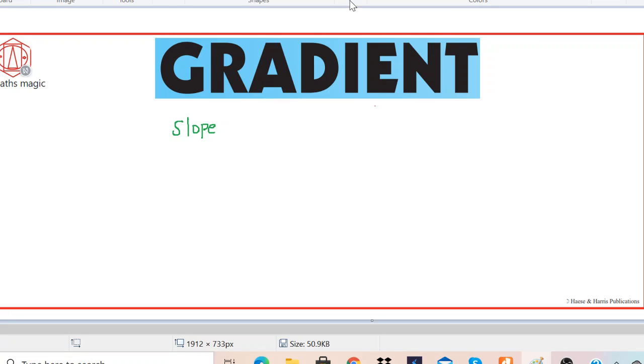So if you have any line in a Cartesian plane, we have to find how steep that line is in the Cartesian plane. Basically, we will learn how to calculate this steepness using different techniques, methods and formulas. First of all, try to understand what this slope is.